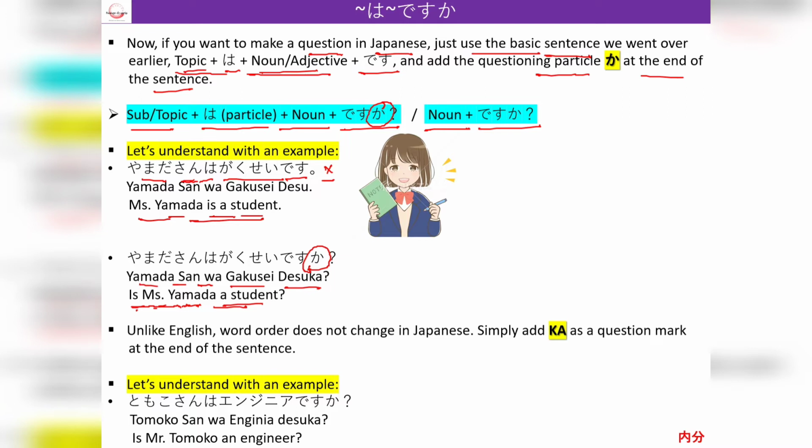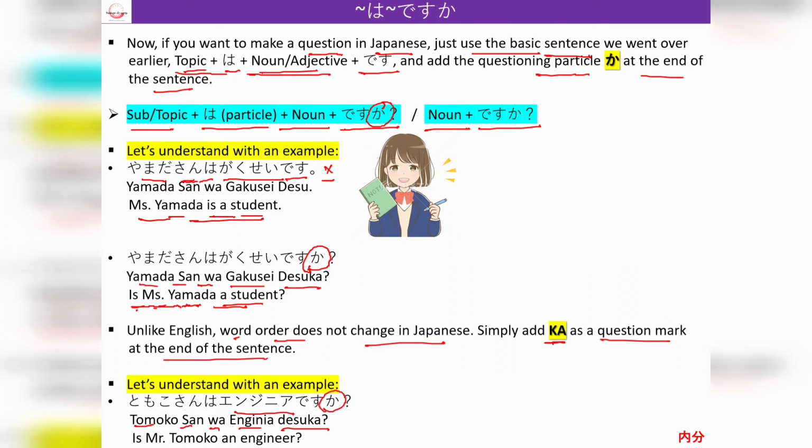Unlike English, word order will never change in Japanese. It will be simple. We just have to add ka at the end of the sentence as a question mark. So here is one more example. It is saying Tomoko-san wa engineer desu ka. Engineer means engineer. So we have added ka at the end of the sentence.